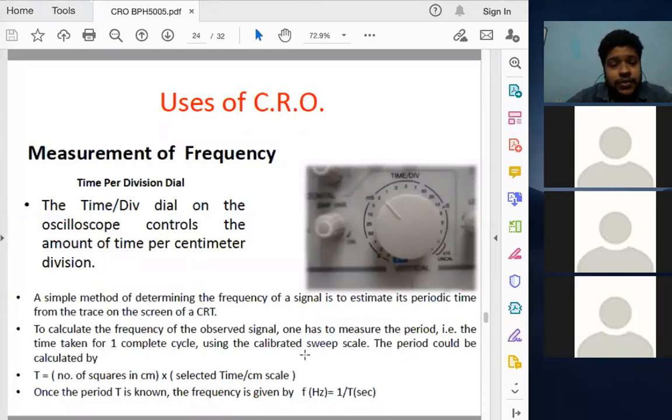The period could be calculated by the number of square centimeters times the time per division, and this is the conversion factor we are talking about. So the position of the knob means the selected time per centimeter square. Once the time period is known, the frequency is given by 1 upon T.